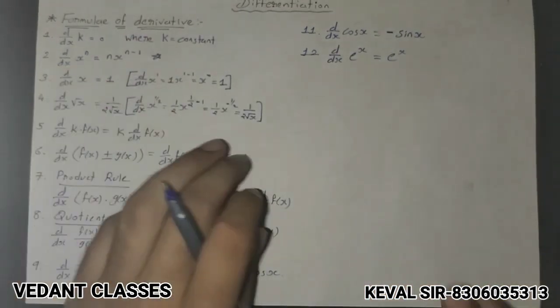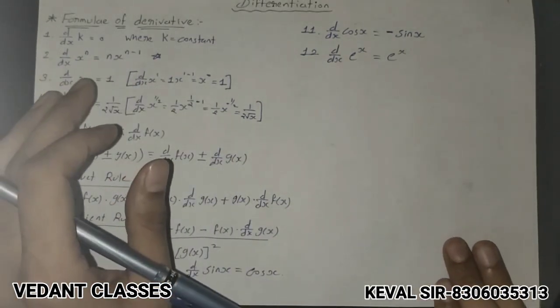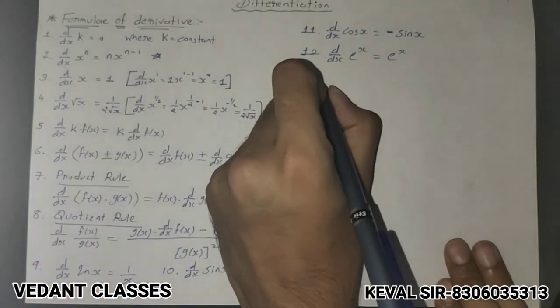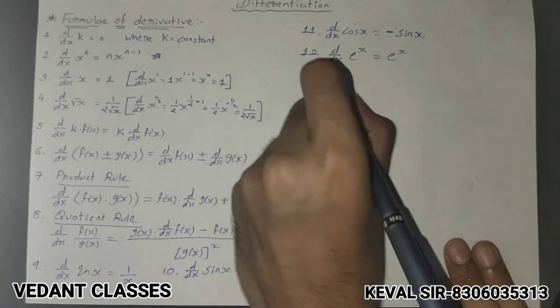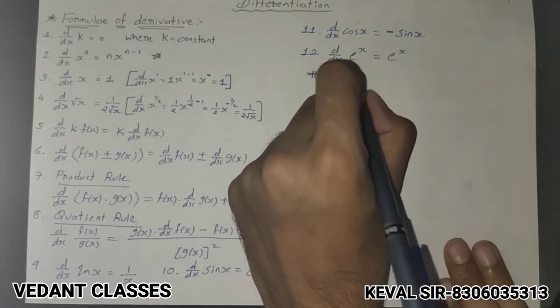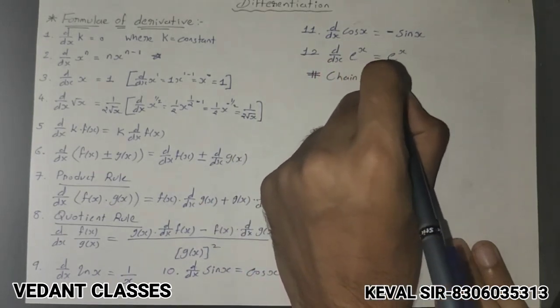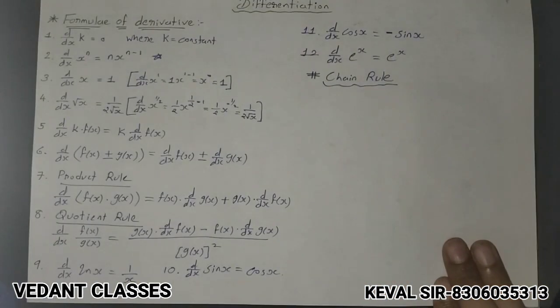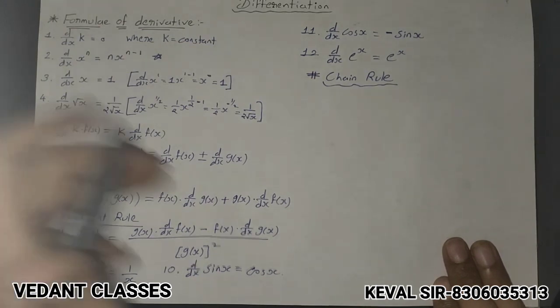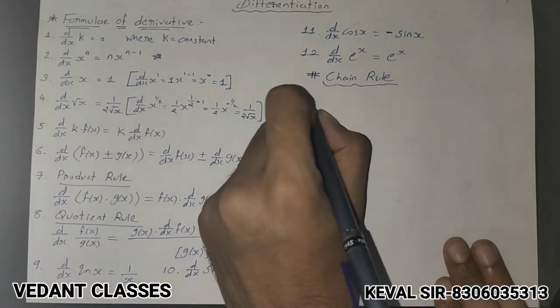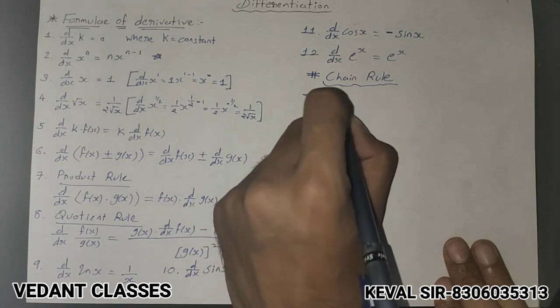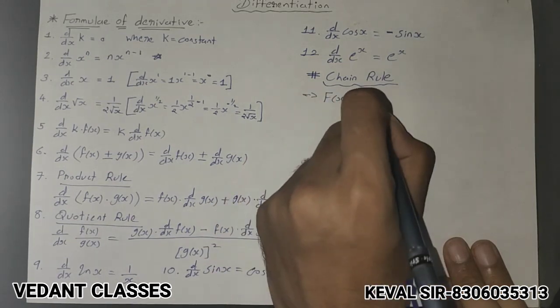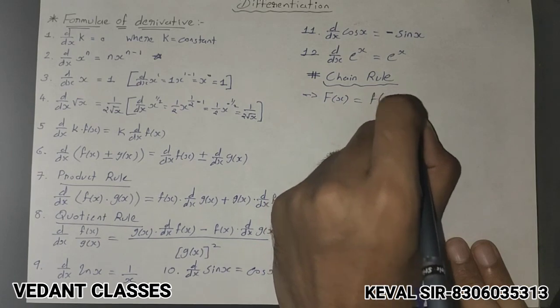Now let's see one more important rule regarding the derivative, called the chain rule. It's a very important rule. Chain rule: when any function is given in a composite form, let's say f of x is given in the form of f of g of x.